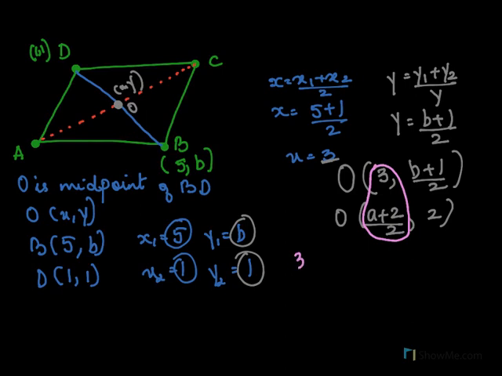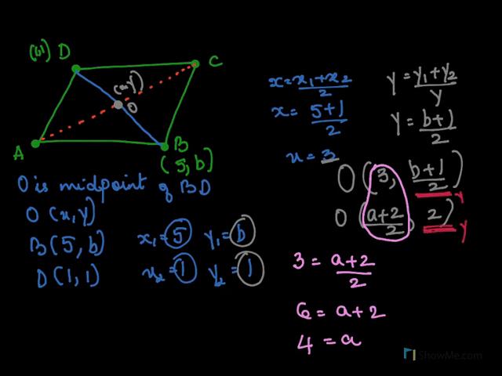So 3 equal to A plus 2 over 2. So 6 equal to A plus 2 and A equal to 4. And this y coordinate must be equal to this y coordinate because both are of the same point. So B plus 1 over 2 equal to 2. So B plus 1 equal to 4, B equal to 3.